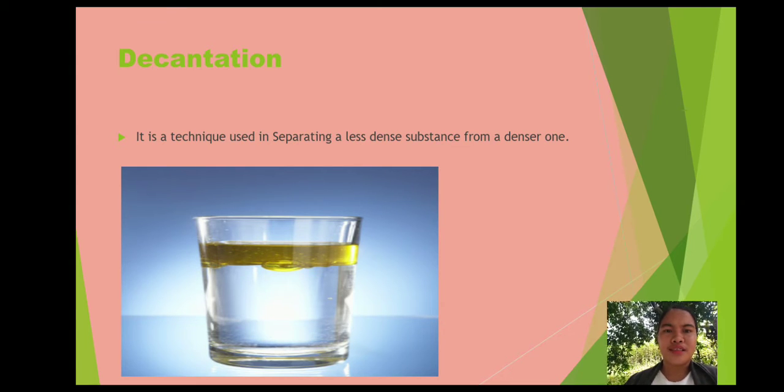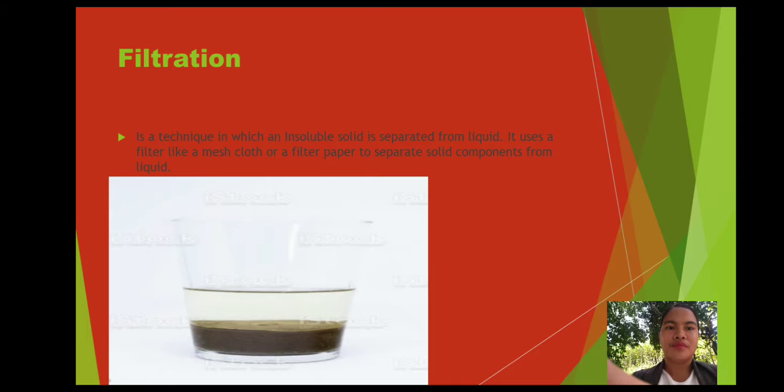Decantation is somewhat easier, okay? You just get that oil and then you decantate that component. Because the oil goes to the top and the water left in the bottom. Okay, lastly we have the filtration. It is a technique in which an insoluble solid is separated from liquid.